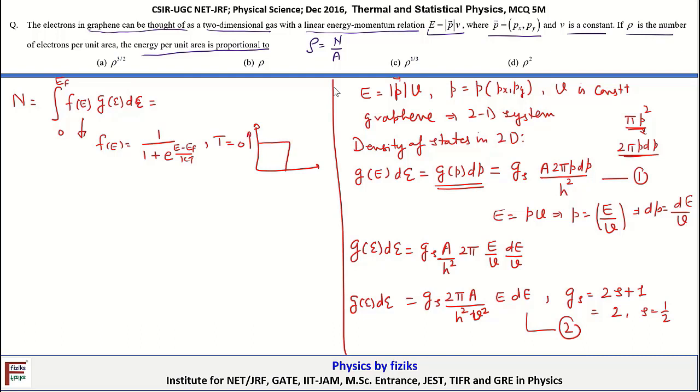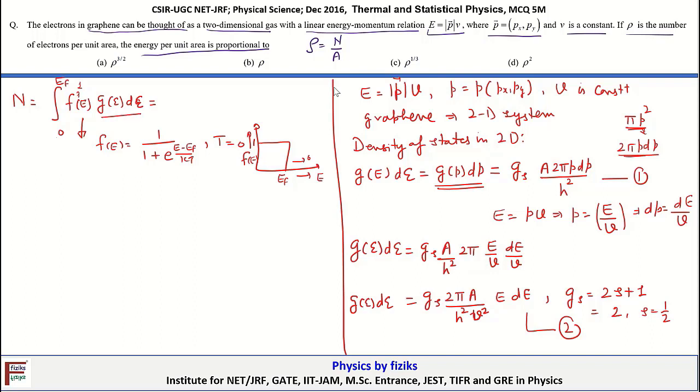Okay, so if we plot this function, along the y-axis f(E), and this is the energy, and this is the situation at E_F. Below E_F, the value of this probability distribution function is unity, and beyond E_F it vanishes, it's 0 here. That's why, because we are performing the integration from 0 to E_F, up to the Fermi level, we are talking about a system at absolute 0. Then we will take its value to be equal to unity.